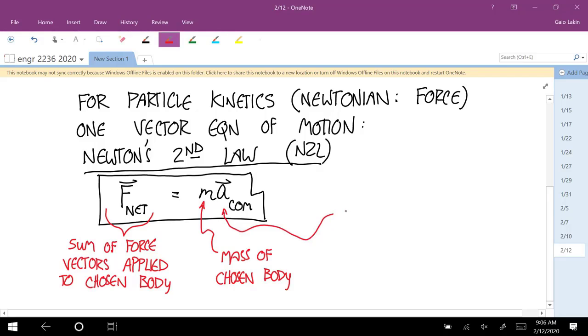And A_COM is the acceleration vector of the chosen body's center of mass.